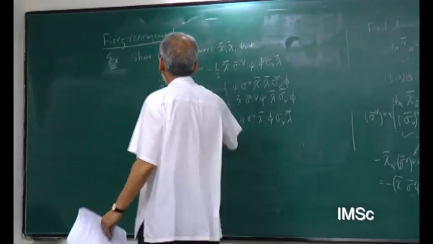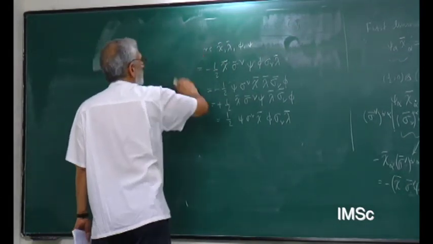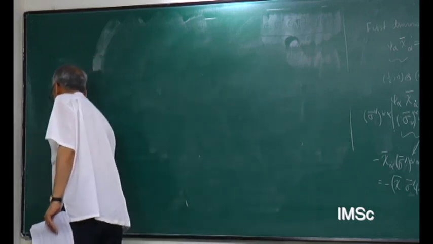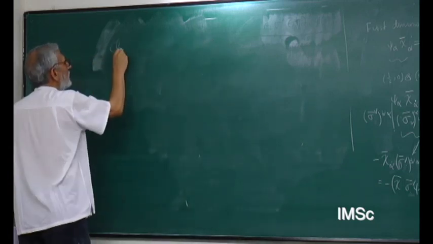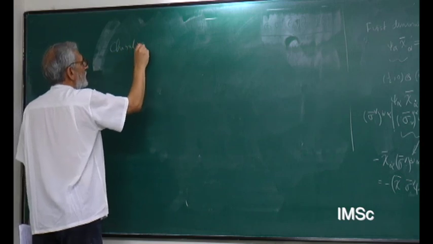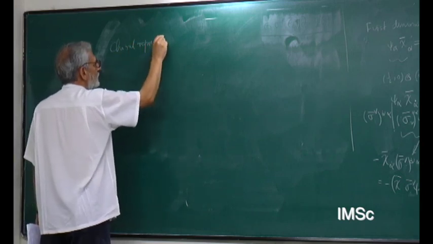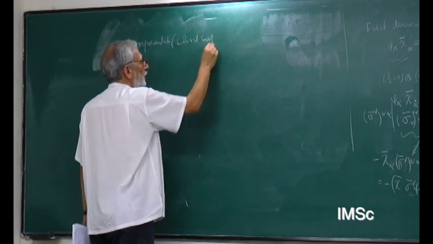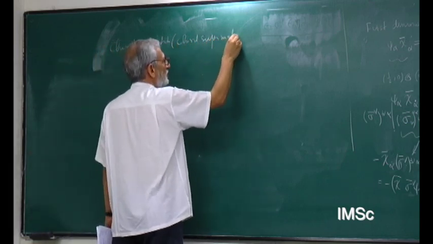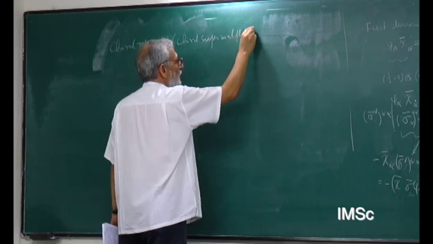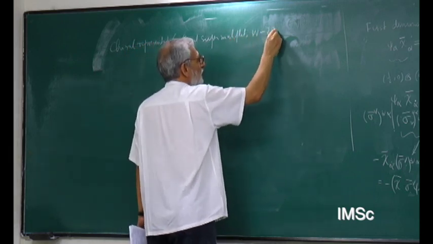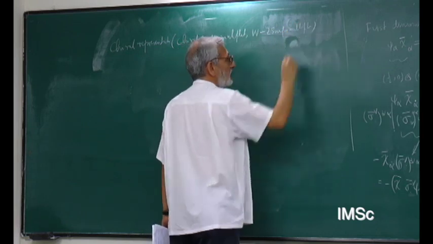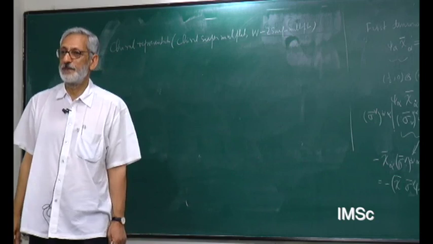Let's go back to now the representations of SUSY. So what did we find? We found a chiral representation or chiral supermultiplet, also called Wess-Zumino supermultiplet, because those were the guys who obtained this representation first.